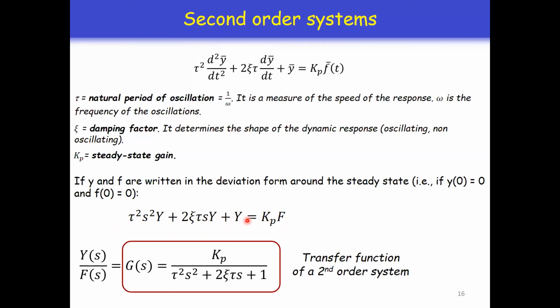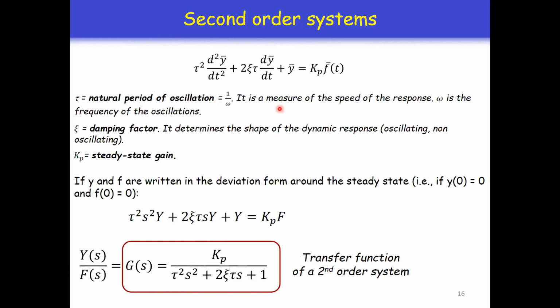Definition of Laplace transform, definition of transfer function: Laplace transform of the output divided by the Laplace transform of the input in the deviation variable form, so Y capitalized over F capitalized, and so the transfer function is Kp divided by tau square s square plus 2 xi tau s plus 1. Are you surprised?